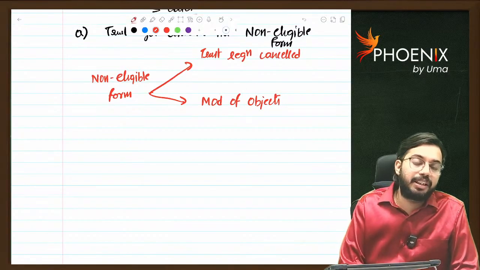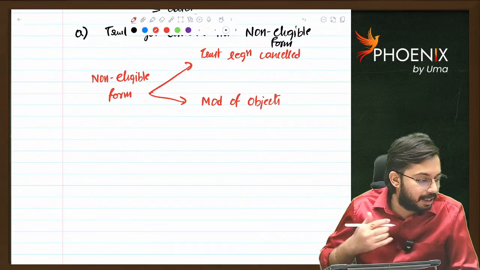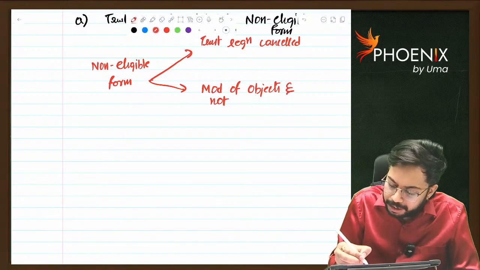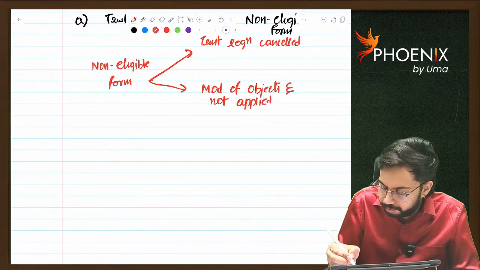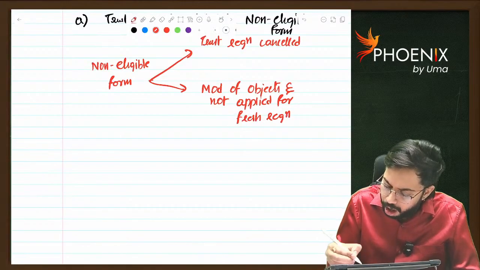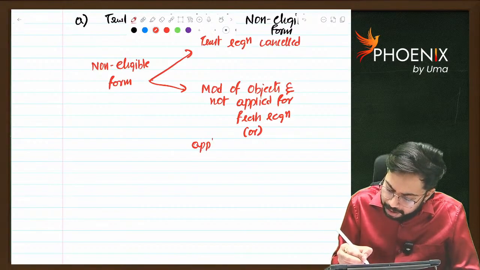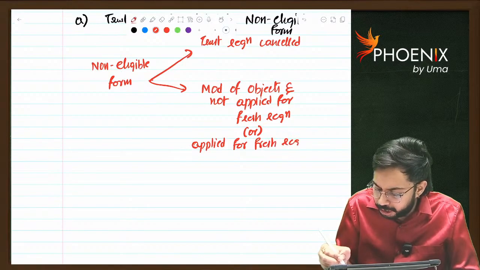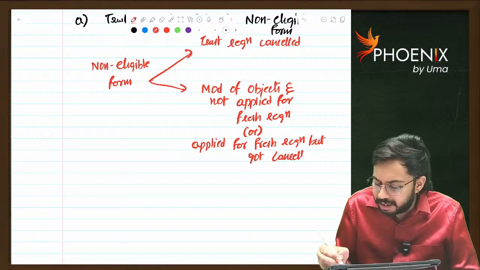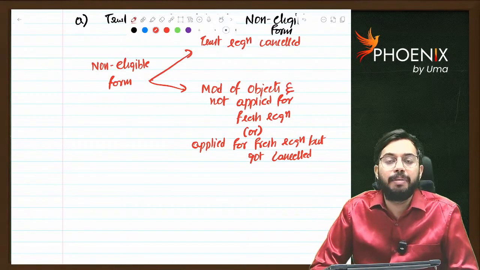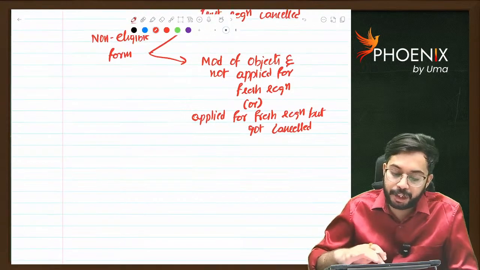Next, trust made modification of objects. Just now we have discussed, if trust made modification of objects and did not apply for fresh registration, or applied for fresh registration but it got cancelled, in these cases, whatever the accreted income is there, on such accreted income, tax is applicable at the rate of MMR, maximum marginal rate.